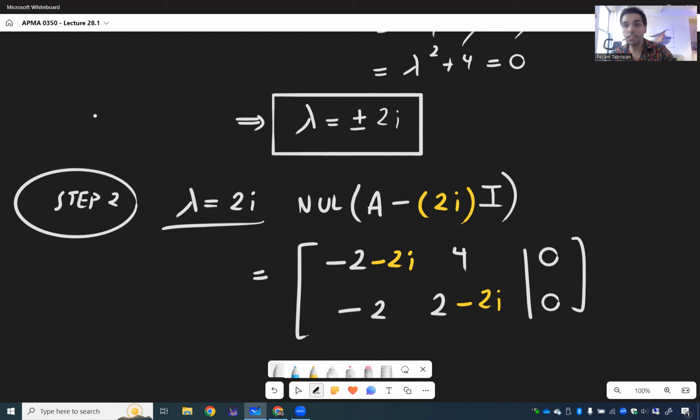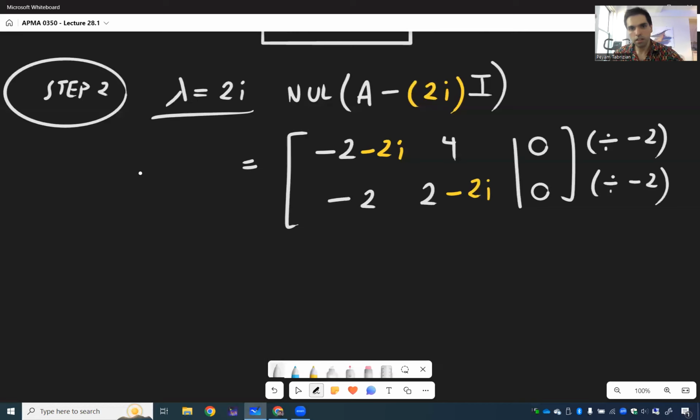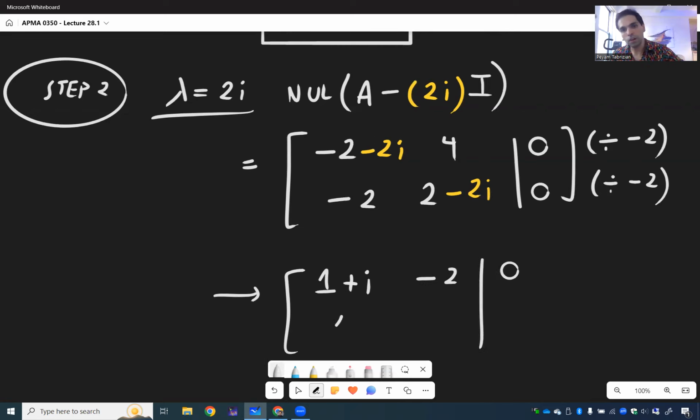Let's clean this up a little bit. We can divide the first row by -2 and the second row by -2, and you end up getting [1 plus i, -2; 1, 1 plus i].